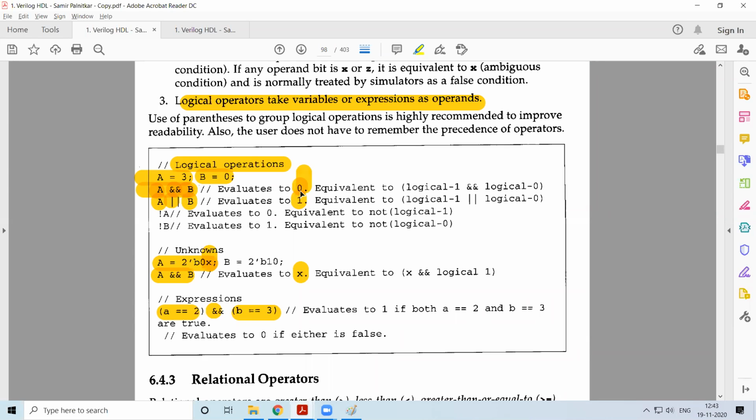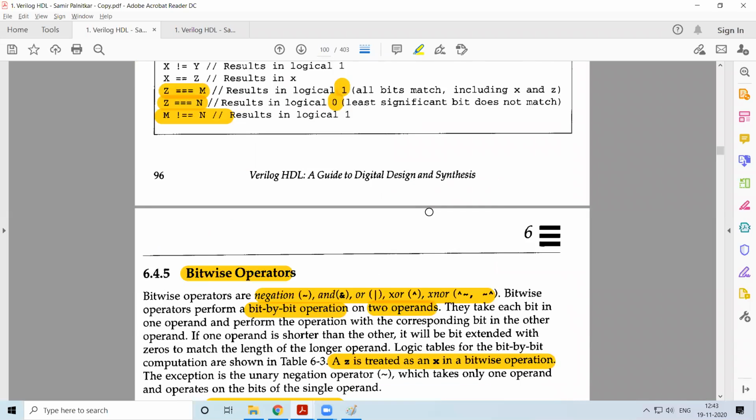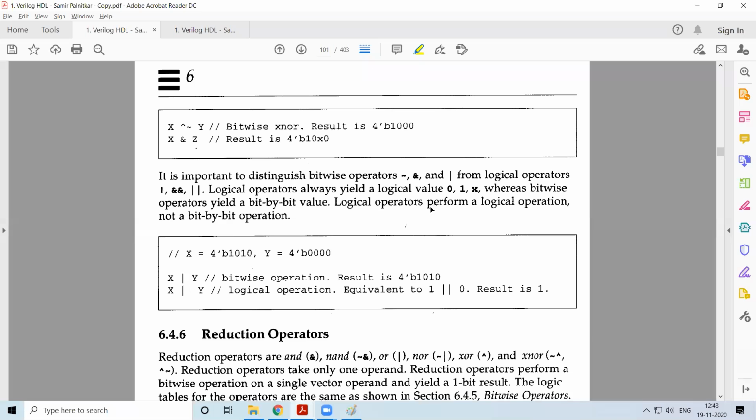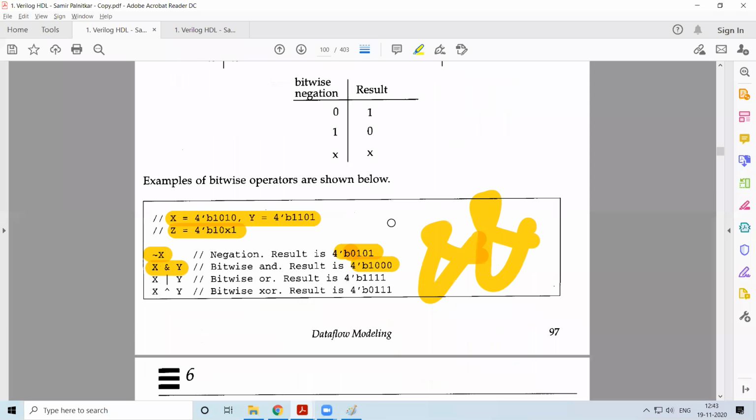It is 0, that is false. So only a 1 bit result is obtained. So it is logical 1 ANDed with logical 0. So this is the difference between your bitwise operators and the logical operators.